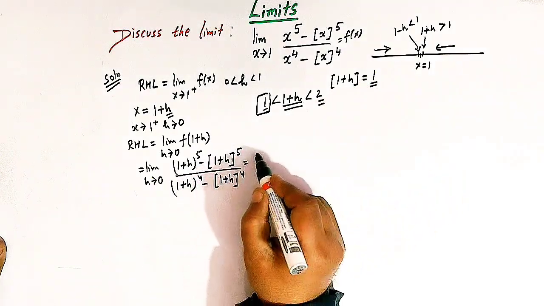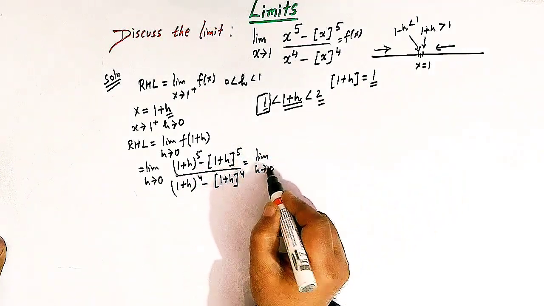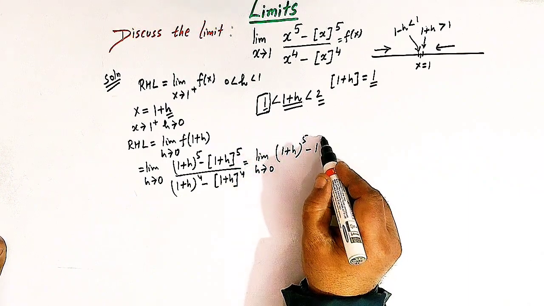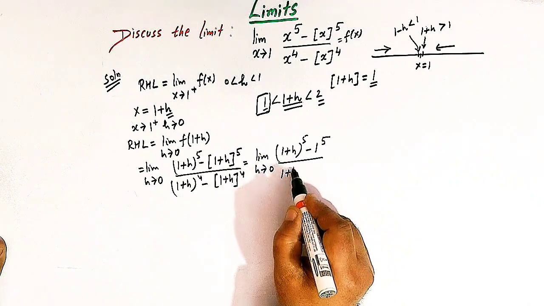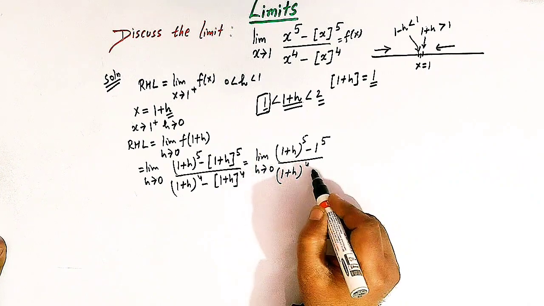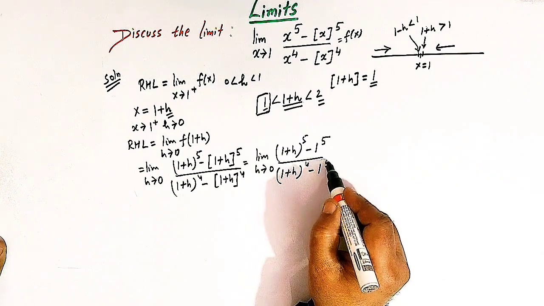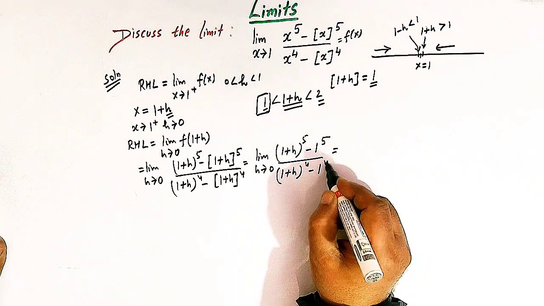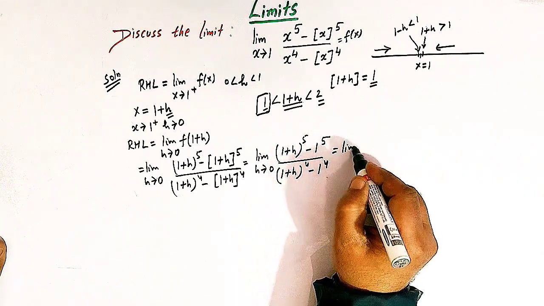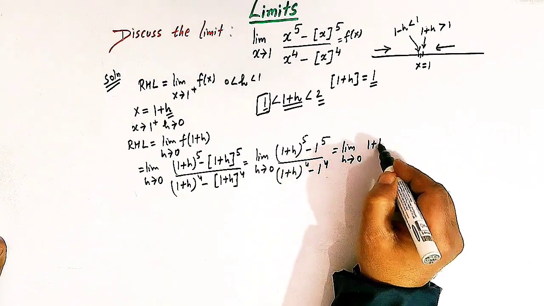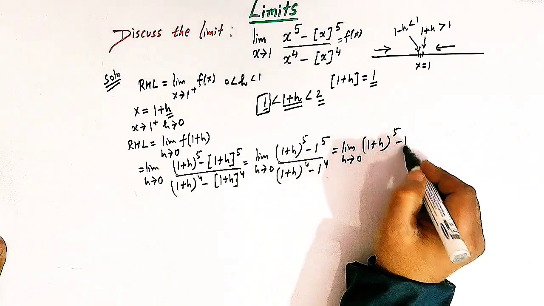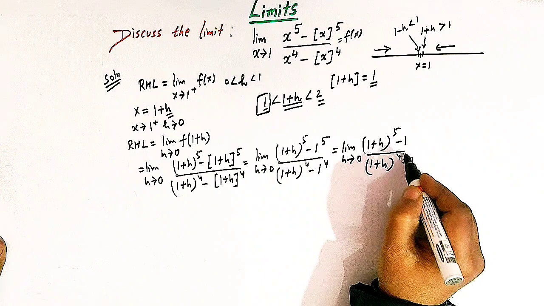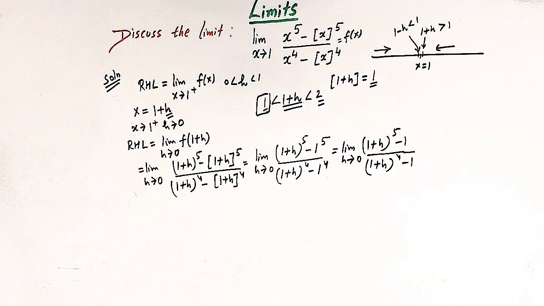So here we have limit h tends to 0 of 1 plus h raised to 5 minus 1 raised to 5, divided by 1 plus h raised to 4 minus 1 raised to 4, and 1 raised to 4 is 1. So we have limit h tends to 0, 1 plus h raised to 5 minus 1, divided by 1 plus h raised to 4 minus 1, right?